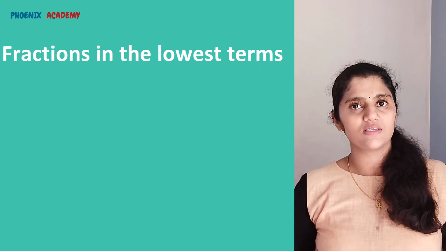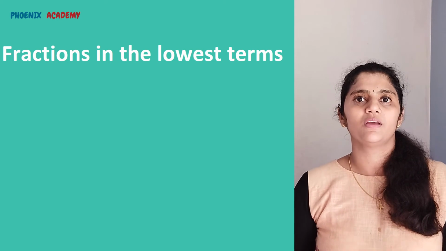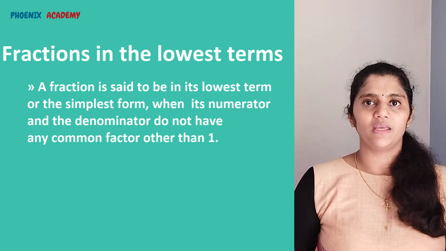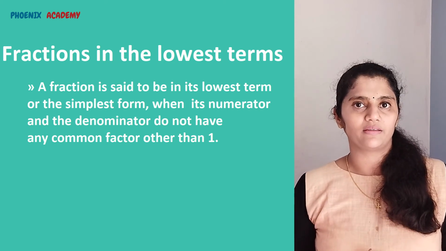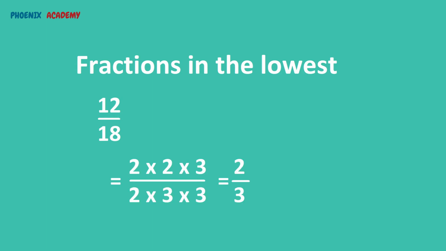Fraction in lowest terms. A fraction is said to be in its lowest form or in its simplest form when its denominator and numerator don't have any common factors except 1. Let's take an example. 12 by 18. 12 we can write as 2 into 2 into 3. 18 is 2 into 3 into 3.